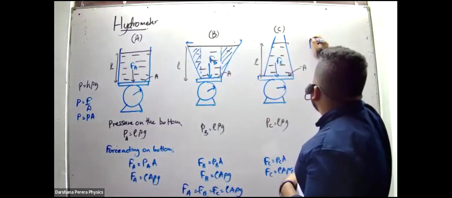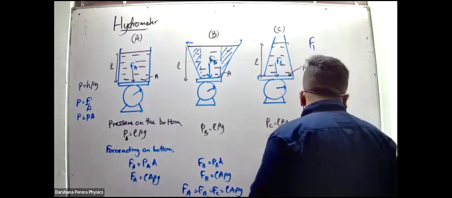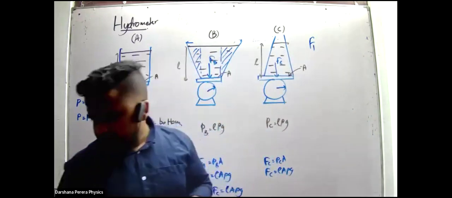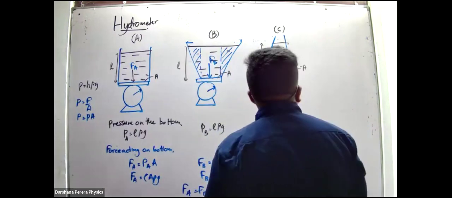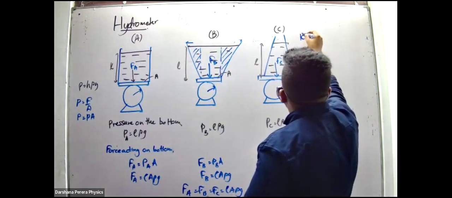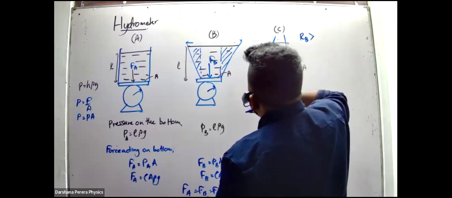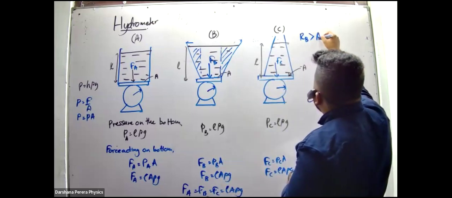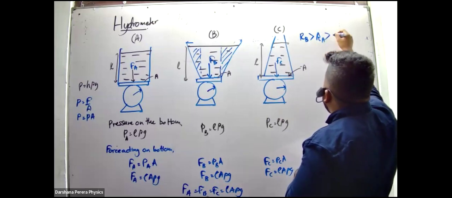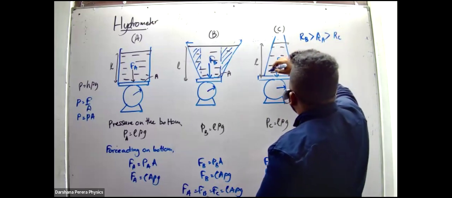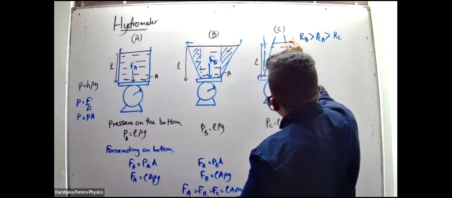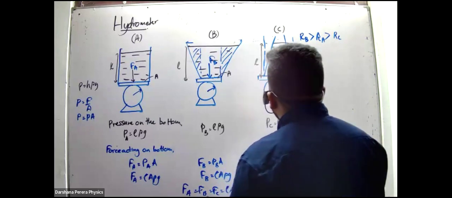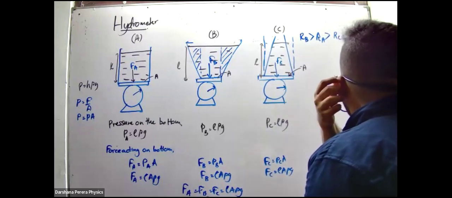Therefore, if B is higher, I take the reading as R. Reading R of B is highest, then RA is next highest. Then the smallest one is RC. You can see there is no water, a lack of water in that one. So RC is the minimum.